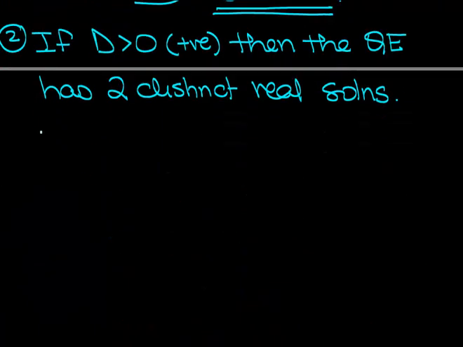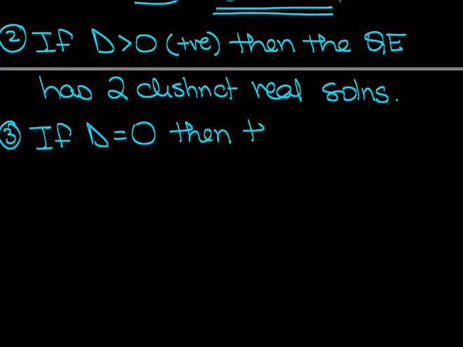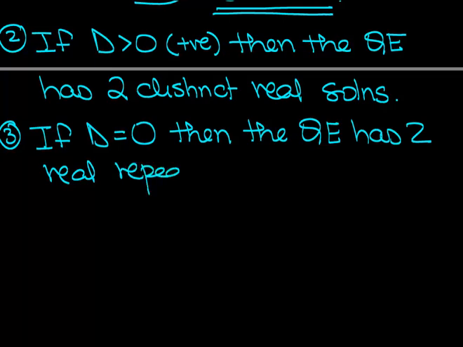On the other hand, if D is equal to 0, okay, then the quadratic equation has two real repeating solutions.